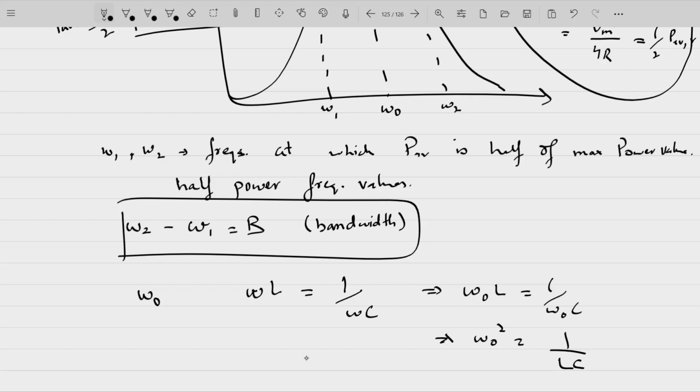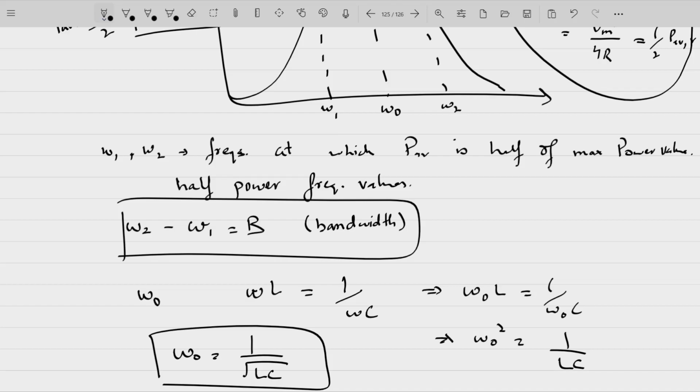That means omega naught is equal to 1 by root LC. If you have been given a series RLC circuit and you want to know the value of resonant frequency, you simply calculate it from the values of inductance and capacitance. Omega naught will be equal to 1 by root LC.